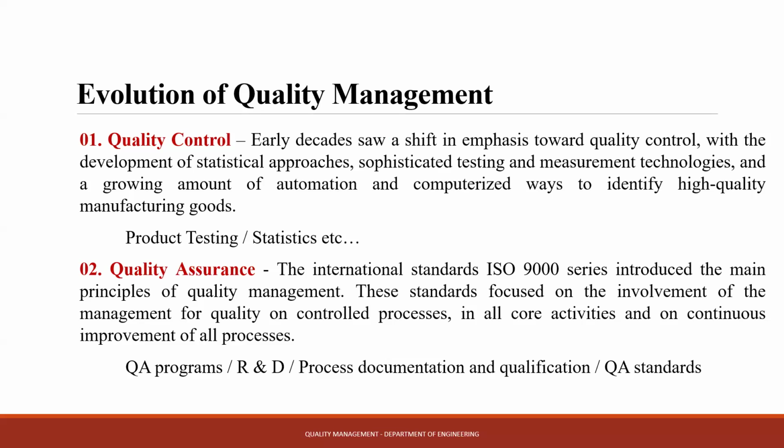Then we move to the second stage of this evolution, that is quality assurance, right? That is the next phase in the evolution of the quality management process, where we develop the quality assurance concepts. That shift usually occurs as businesses recognize that quality control alone was not enough to ensure long-term success.